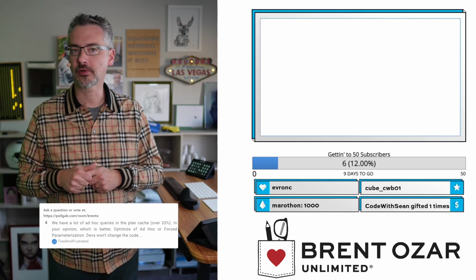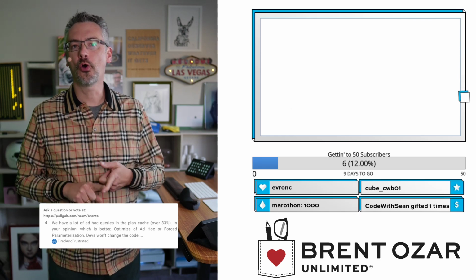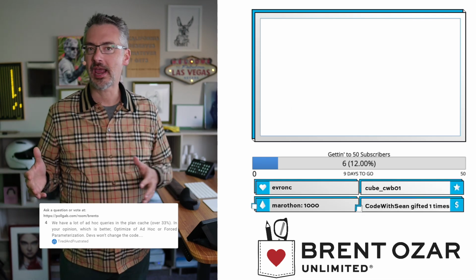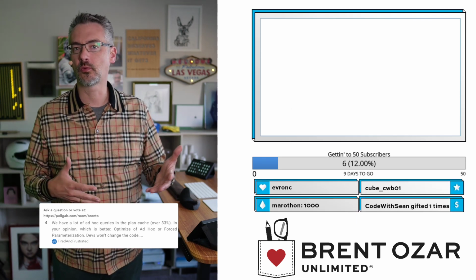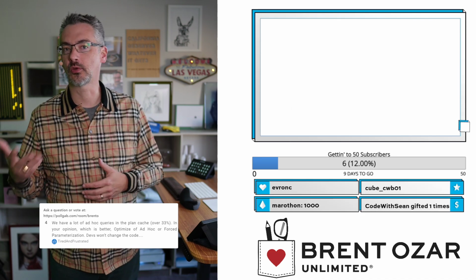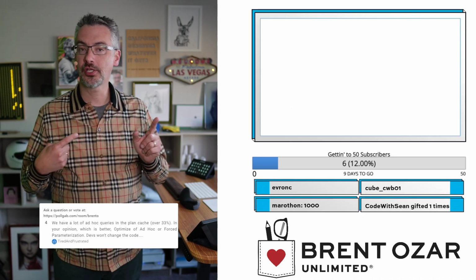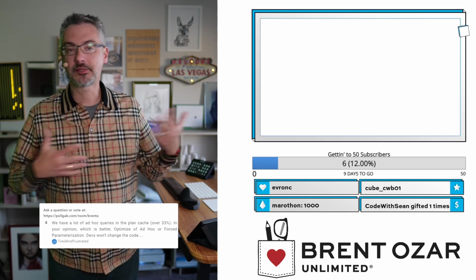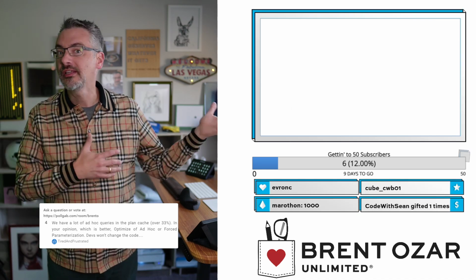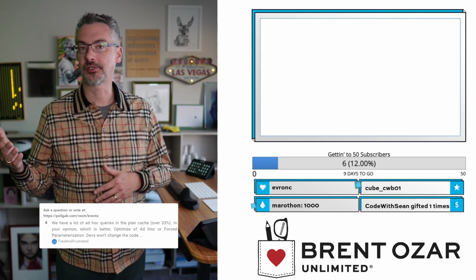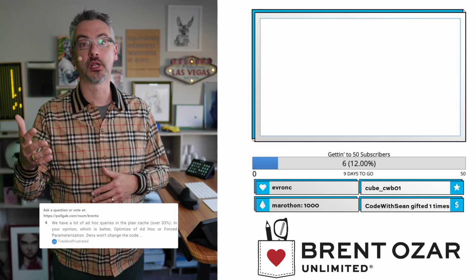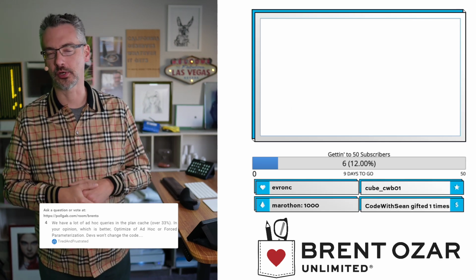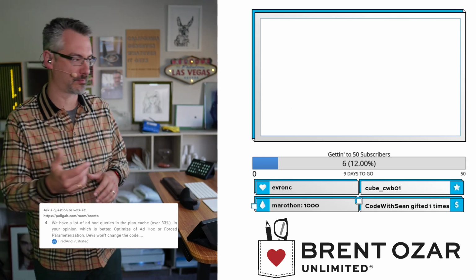If you open the module on plan cache problems, we spend about half an hour explaining what the problem is, the different ways that you can solve it, and the gotchas with both of those features. To me, optimize for ad hoc is worthless, and forced parameterization is a much better solution. But just remember that when you turn that on, you're also turning on parameter sniffing, which causes its own set of problems.